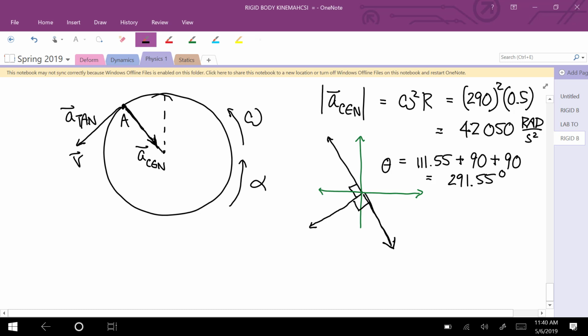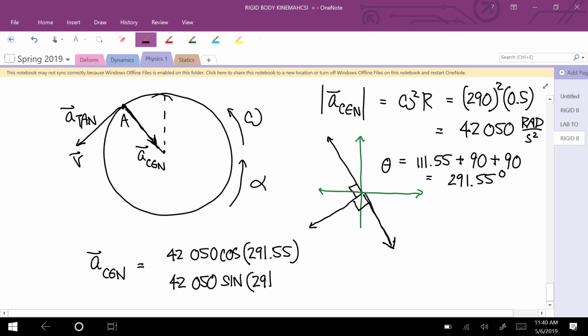And so the centripetal acceleration is 42,050 times cosine of 291.55, 42,050 times sine of 291.55. Can someone calculate those?